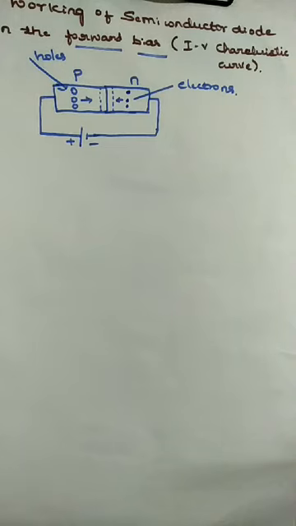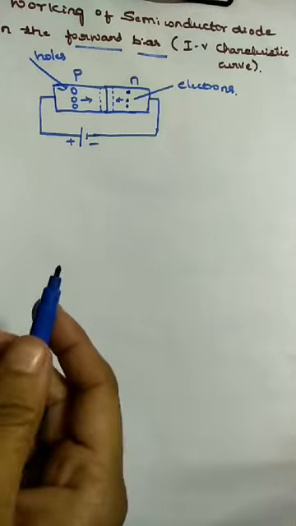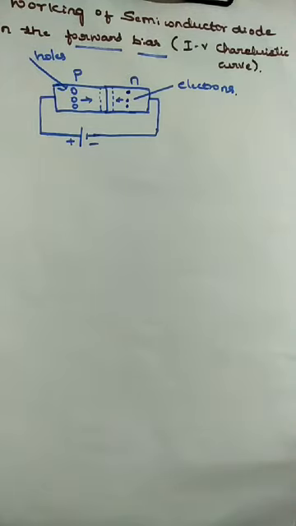When the diode is forward biased, holes are repelled by the positive terminal and electrons are repelled by the negative terminal of the battery. Opposite charges attract and like charges repel each other. As the bias voltage increases, the width of the depletion region and the potential barrier decrease.